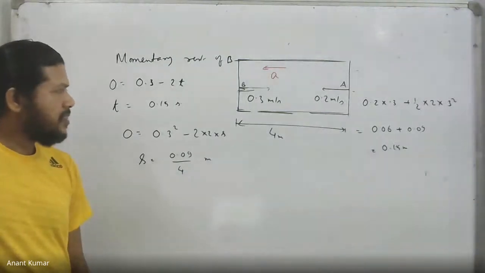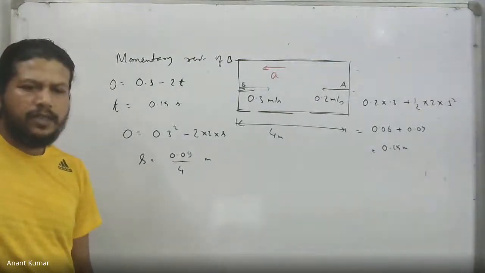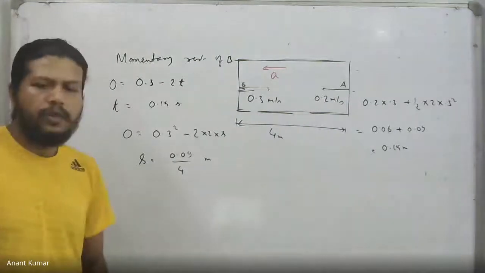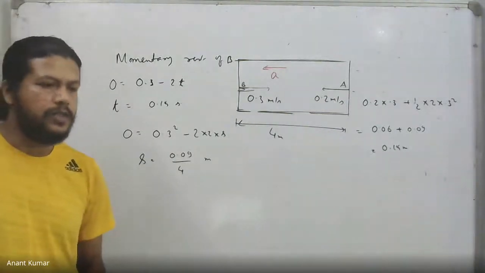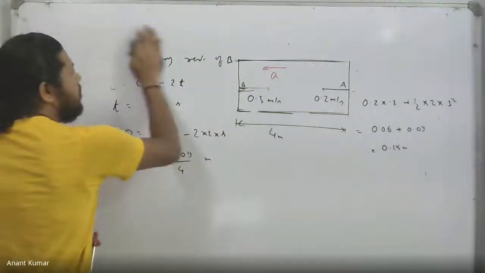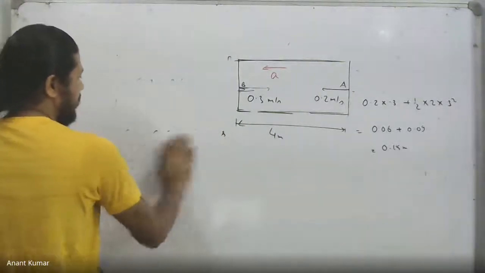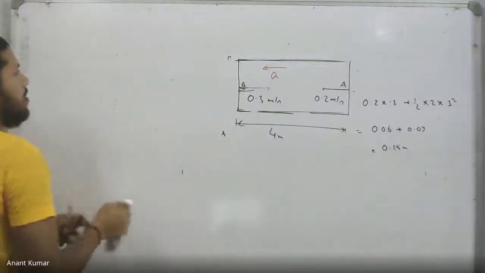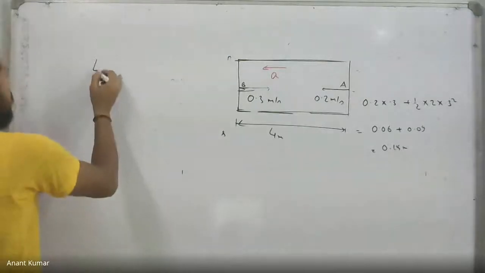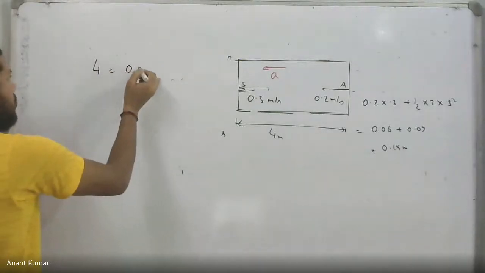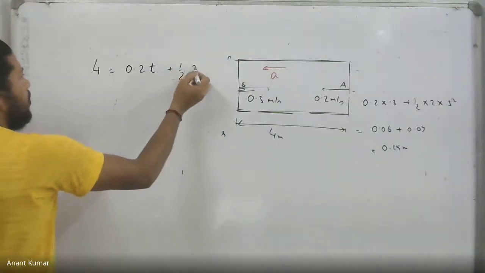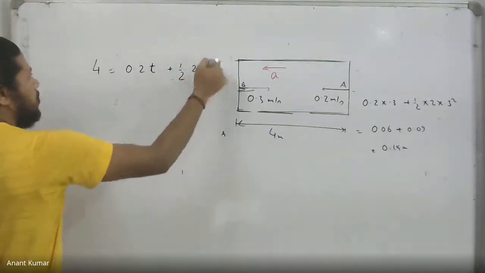So I find in this case the time can be obtained by using the standard equation: the distance 4 meter has to be equal to 0.2t plus half at square. A is 2 in this case. So therefore I can utilize that idea to find out the time taken. 4 equal to initial speed 0.2t plus half into a into t square.